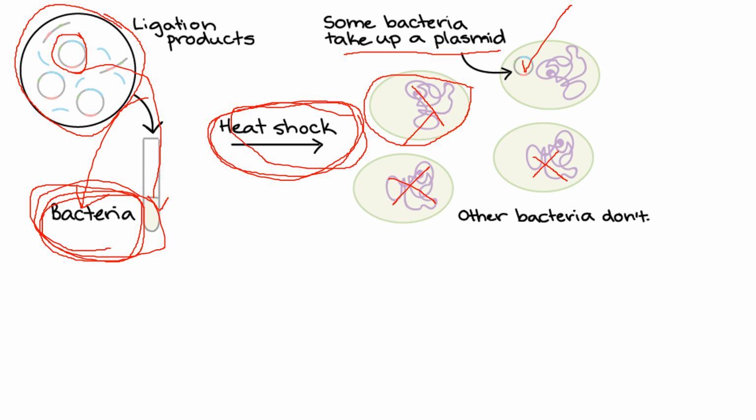That's why techniques to identify which bacteria have not taken the plasmids are applied, so that we remain only with bacteria that have been transformed, that have taken our DNA of interest, so that this can be cultured.